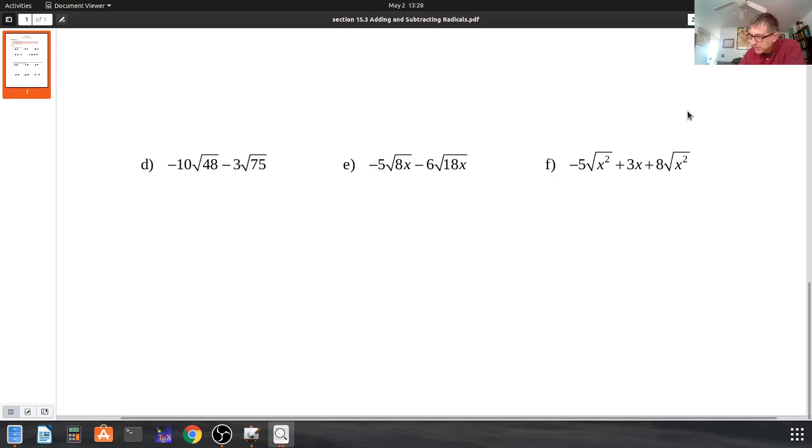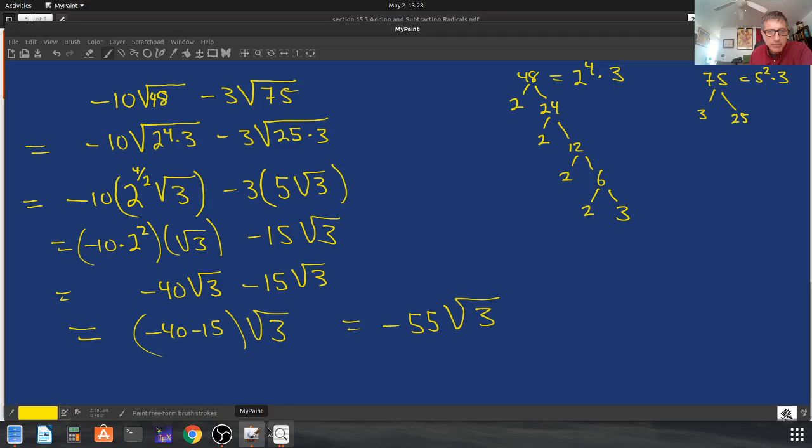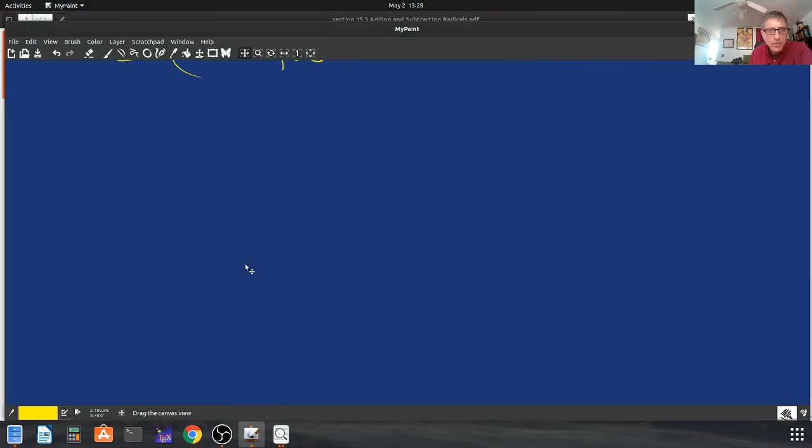Minus 5 times the square root of 8x minus 6 the square root of 18x. Okay, let's do that one. We want to simplify minus 5 the square root of 8x minus 6 on the square root of 18x.